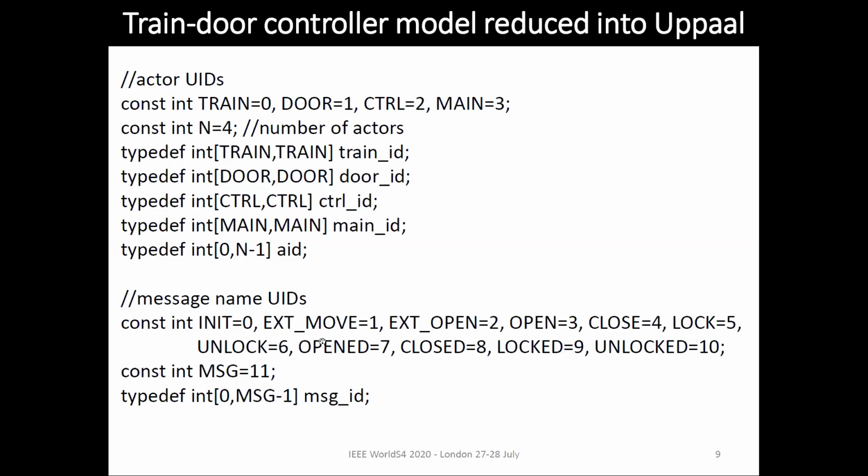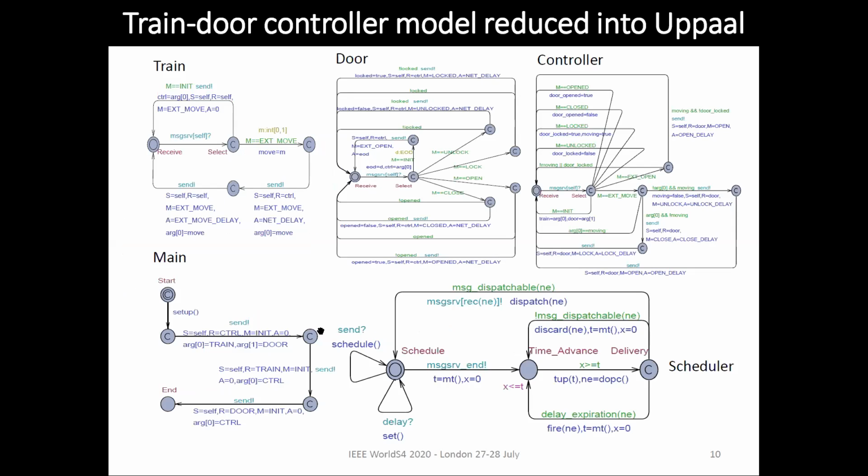Then we have modeled each entity: the train, the door, the controller, and the main, which configures and puts the system into operation. What is very interesting in this modeling, without entering into much detail, is the so-called scheduler.